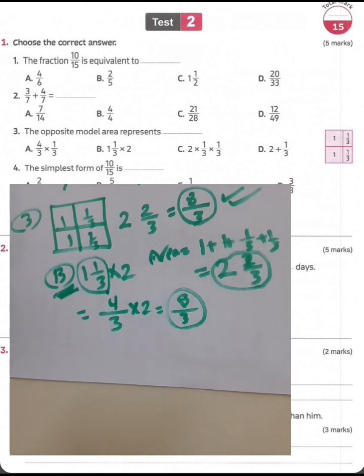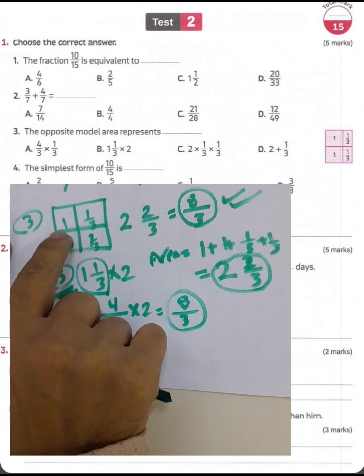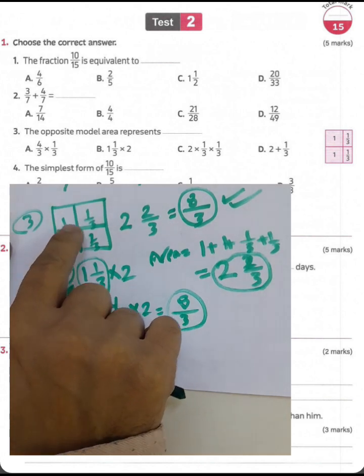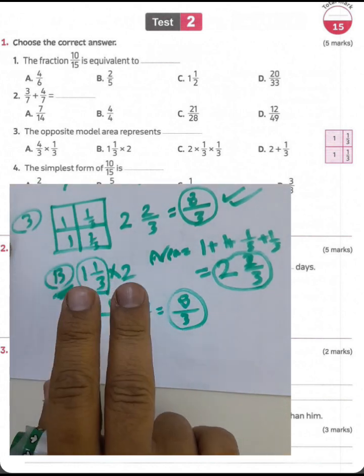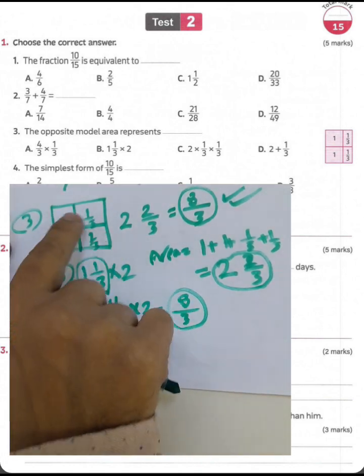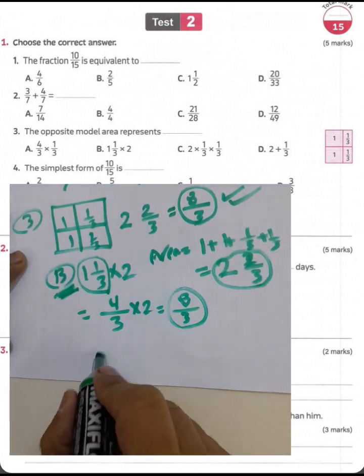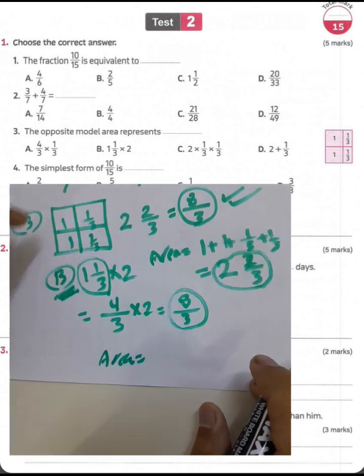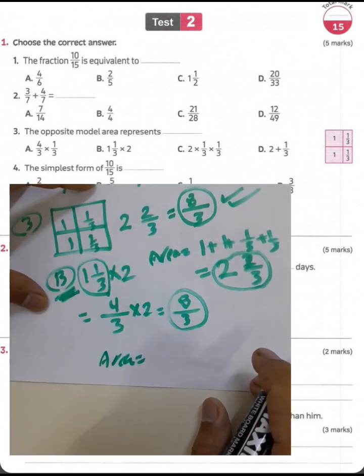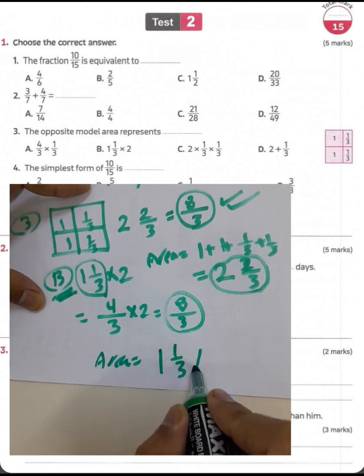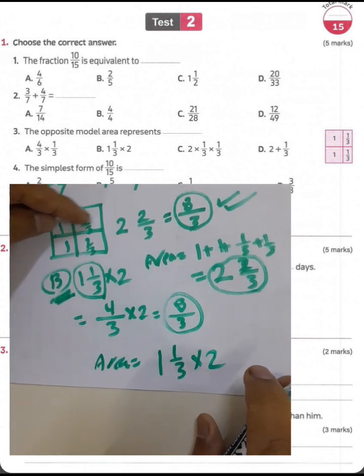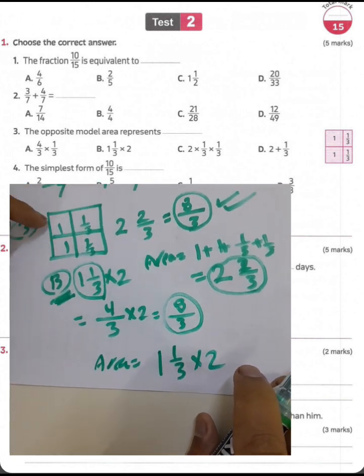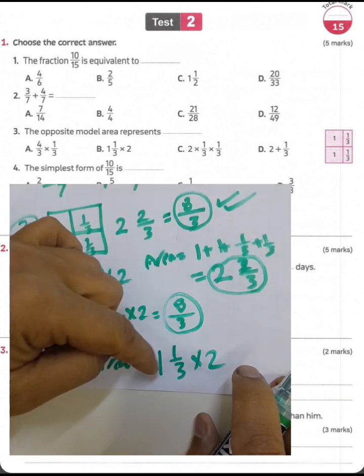Or you can solve this example by another method. 1 and a third, 1 and a third, it's repeated twice. Then for the area, you can write again 1 plus a third times 2, because this part was repeating. You can write 1 and a third multiplied by 2, because 1 plus a third will be 1 and a third. 1 and a third plus 1 and a third will be 2 times 1 and a third.